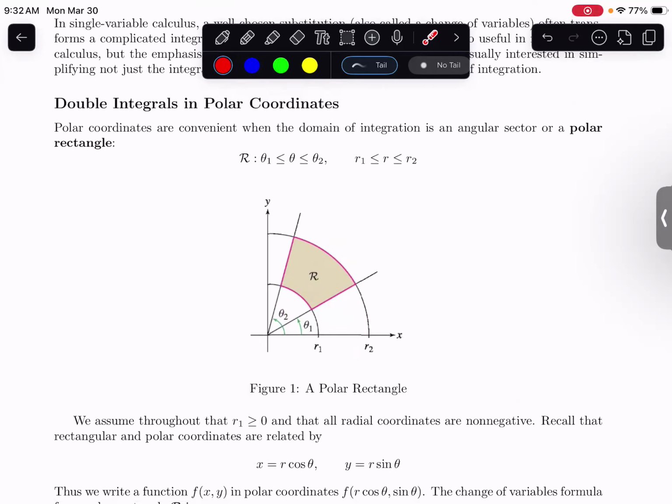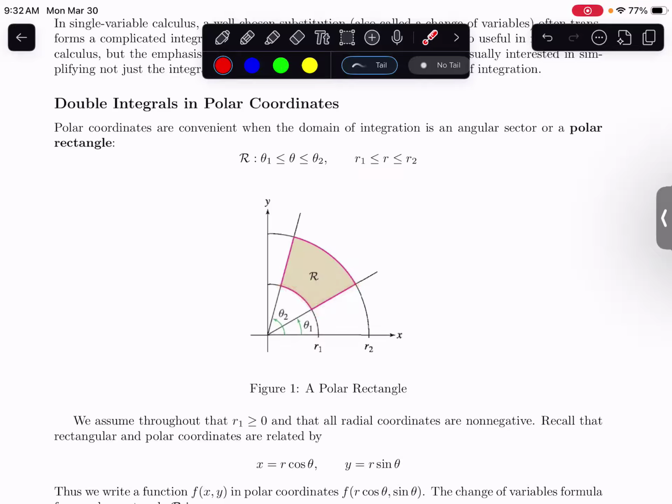And so these polar coordinates are convenient when the domain of integration is an angular sector, or what's called a polar rectangle. So it's kind of like a segment that exists between two circles of different radii. And so there's two parameters we care about. We care about a change of angle, which is going from a point here to a point here. That means you're letting the angle increase. And then we also care about a change in radius, which is this part right here, right?